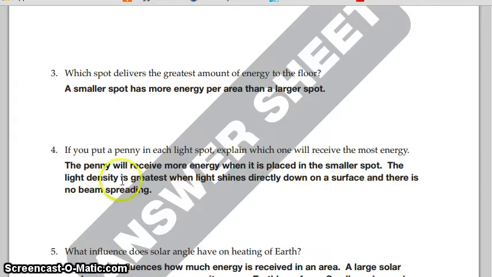The light density is greater when it shines directly down on the surface, and there is no beam spreading. So when we have less beam spreading, the solar energy or light energy is more concentrated or compact and close together. So more energy particles would be closer to that penny or touching that penny. So that's why the straight down light would shine more on the penny.